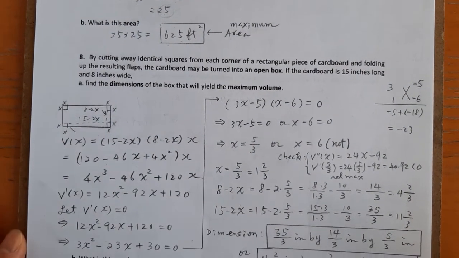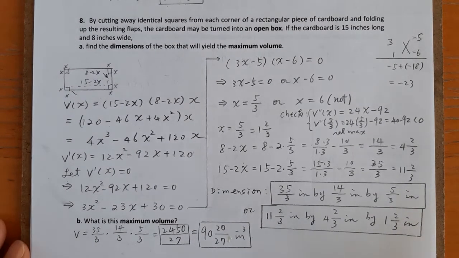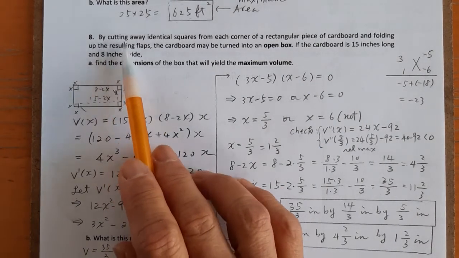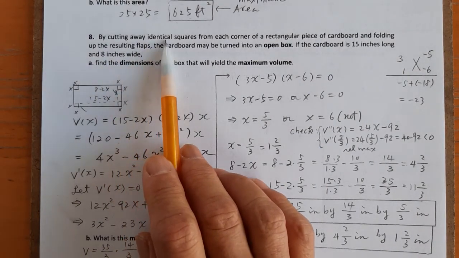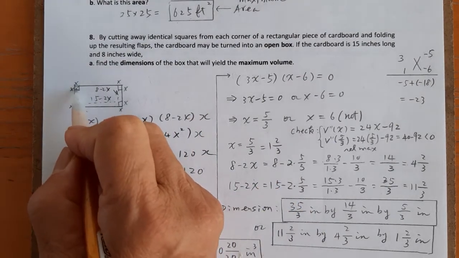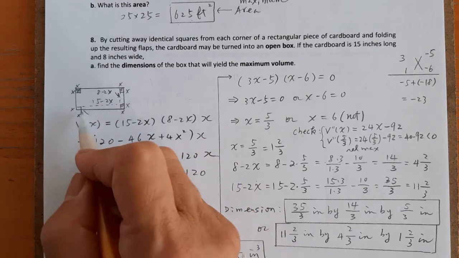Question 8 is about the volume. The volume here we get by cutting away identical squares. Identical means equal squares, the same area of the square, from the four corners of a rectangle.